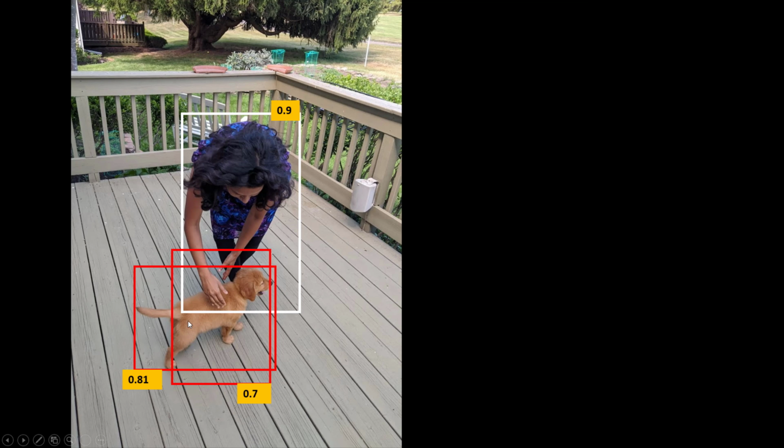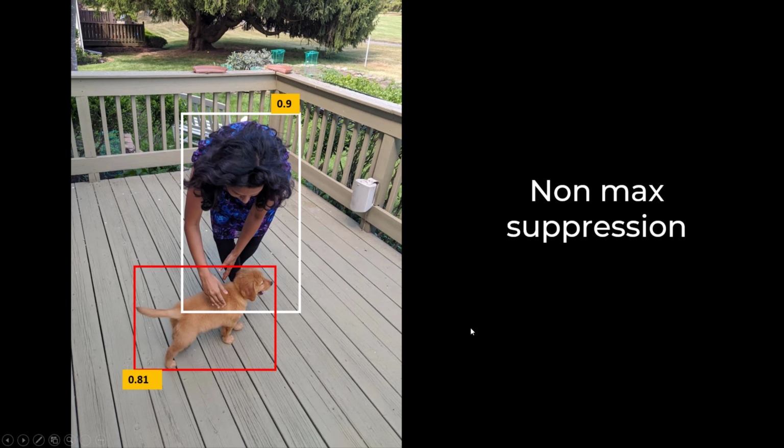But this rectangle, you find it to be overlapping, and since 0.81 is max, 0.7 is less, you discard this and you get final bounding boxes. This technique is also called non-max suppression. So after the neural network has detected all the objects, you apply non-max suppression and you get these unique bounding boxes.